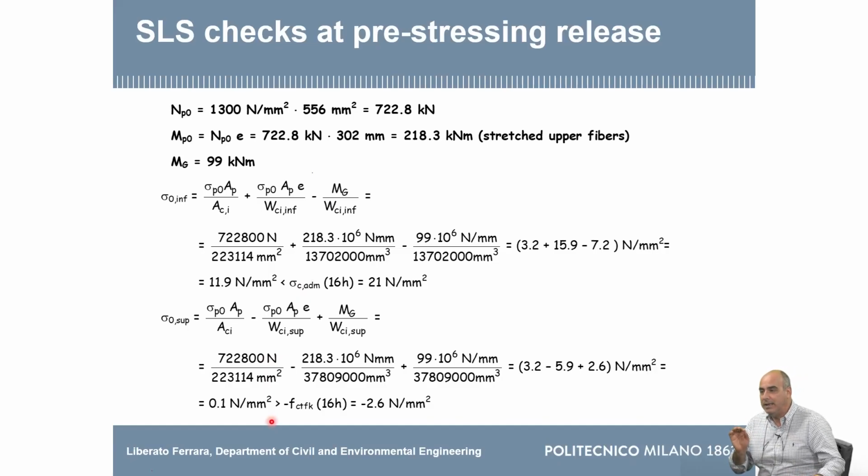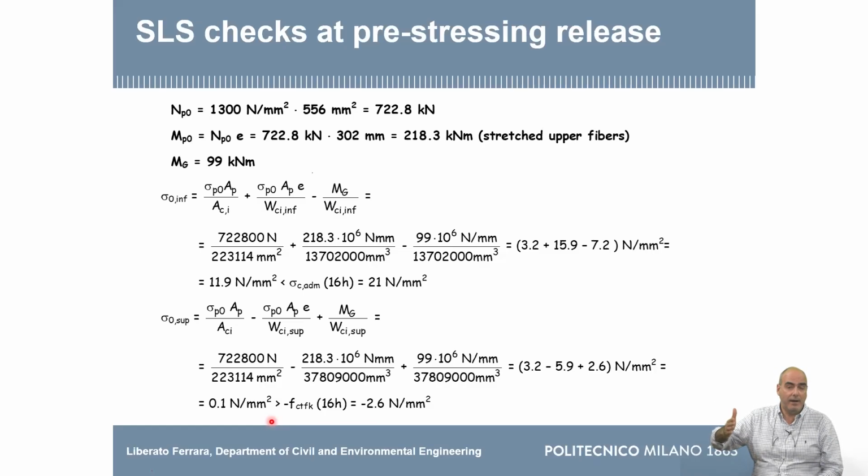So actually, here we are in a situation in which we do not even have a tensile stress on the top. 0.1 means slight compression, which is good. It's good. Well, remember that this is true only for the mid-span cross-section.